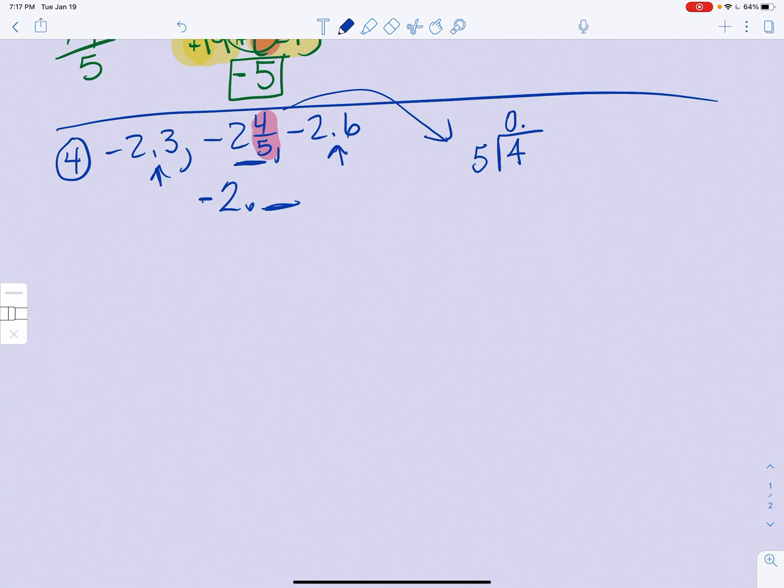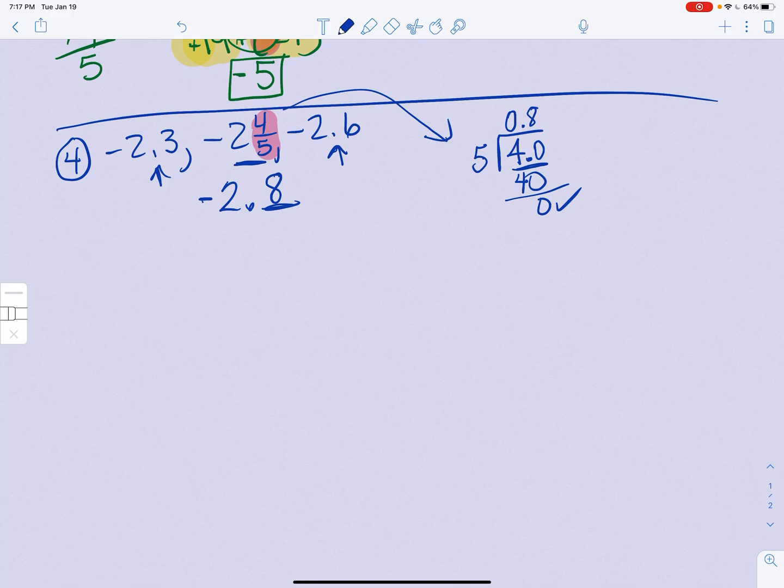So I'm going to add the decimal point and the 0, and now I'm looking at 40 divided by 5. Instead of 4 divided by 5, it's 40 divided by 5 now. And that means it's 8. So 8 times 5 is 40. Bring down my 0. I'm good to go. There's no remainders. So that means that 2 4/5 is 2 8/10.